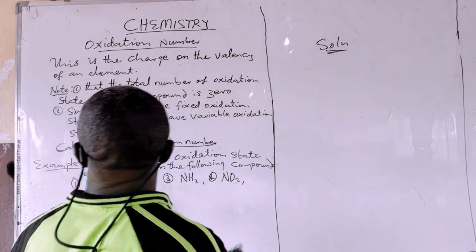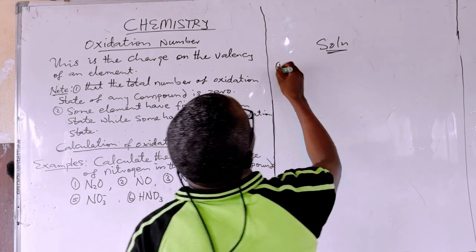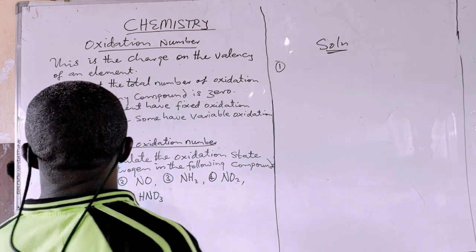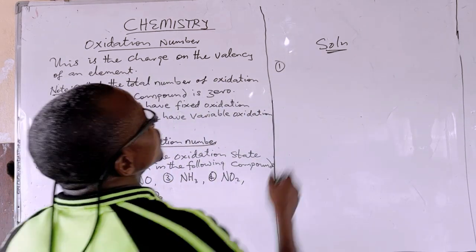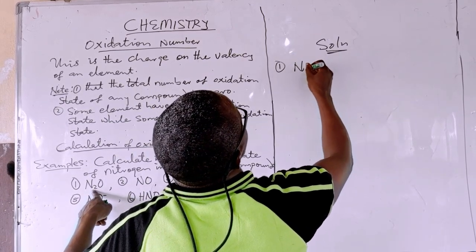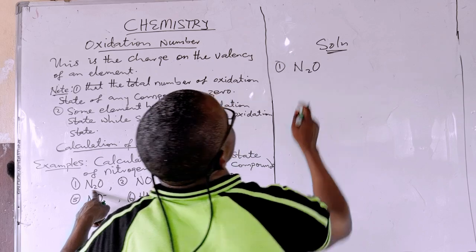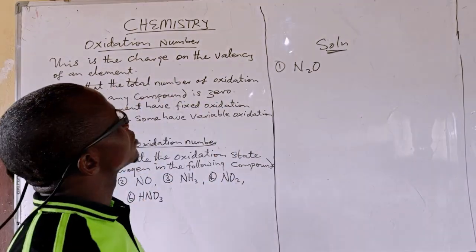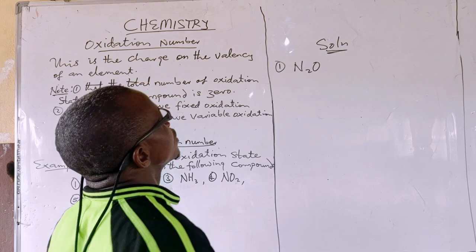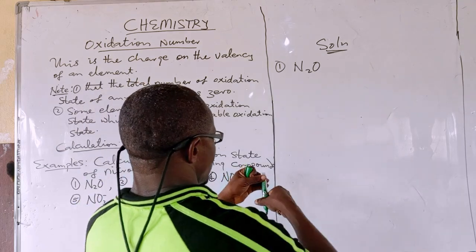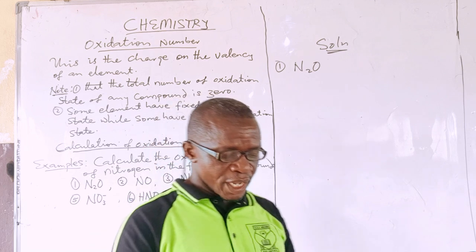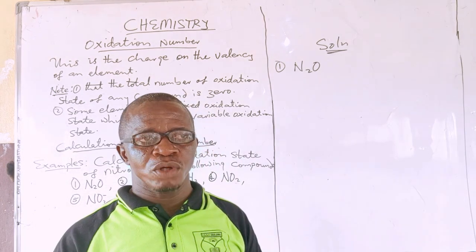The first one says we should calculate the oxidation state of nitrogen in this compound, N2O. The oxidation state of nitrogen in N2O is what we are going to calculate now. I don't know it, because I told you earlier that nitrogen has variable oxidation state.